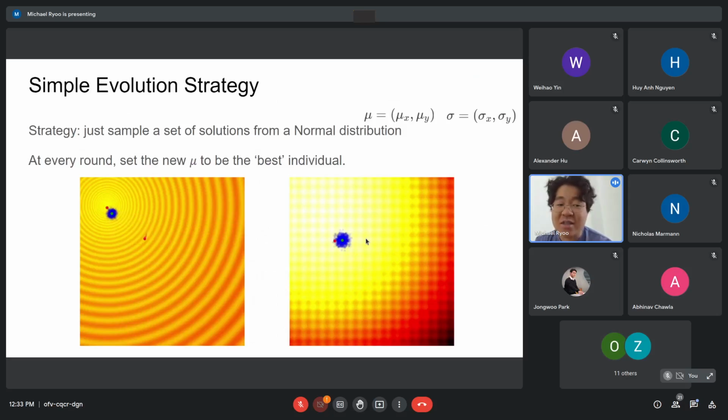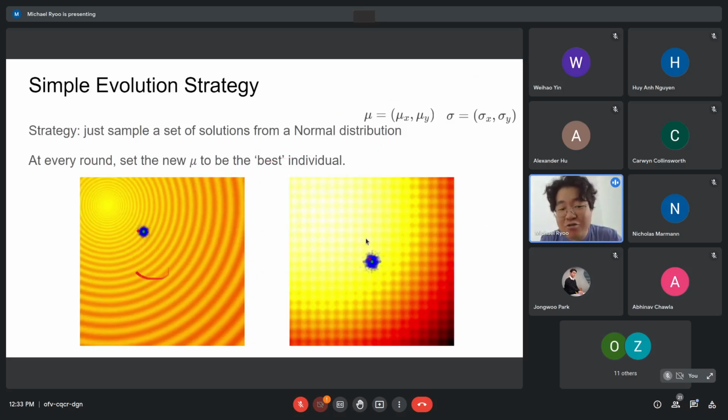Among these individuals, you select the red, which gives you the highest value among your blue dots. Among your population, it is always the best one. In the next iteration, you set the best one, the red dot, to be the center of the Gaussian distribution. So you will always be sampling by updating your mean to be the best one.